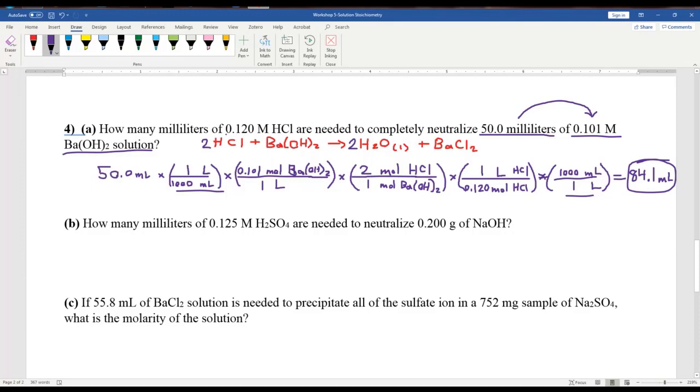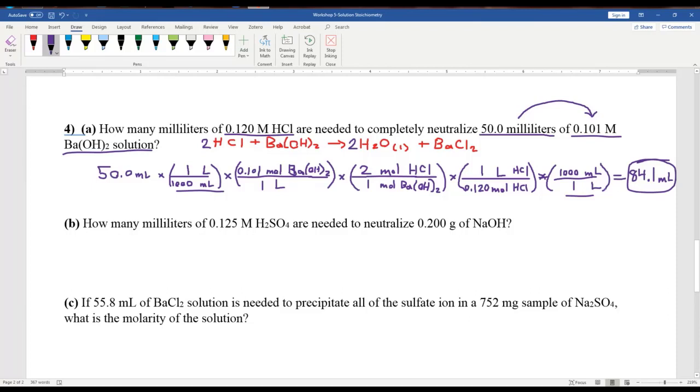It's a combination of the fact that it's 50 milliliters to start, and if you look at the concentrations here, they're not actually that different. 0.120, 0.101 are pretty similar. So if it's 50 milliliters of the one, chances are you're going to need something not too off from the 50 for the other. There's a 2-to-1 ratio, so that definitely increases the amount. So it would make it closer to 100, but maybe not quite, and that's why you get the 84.1.